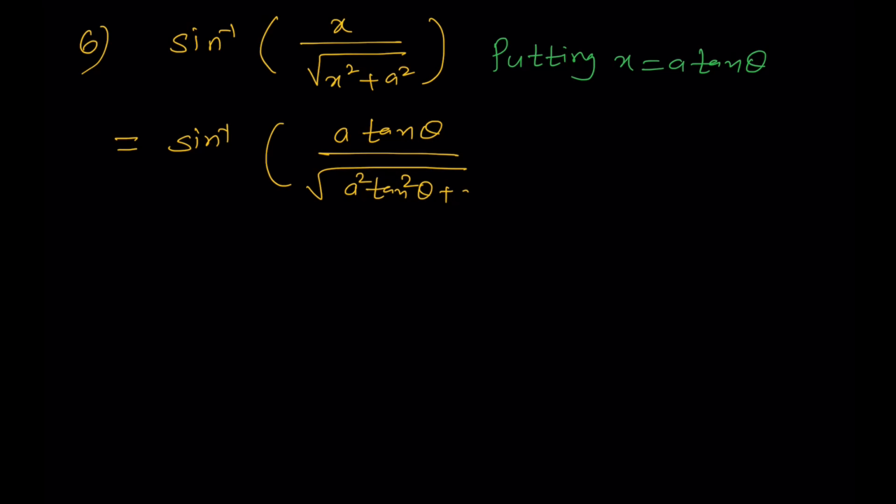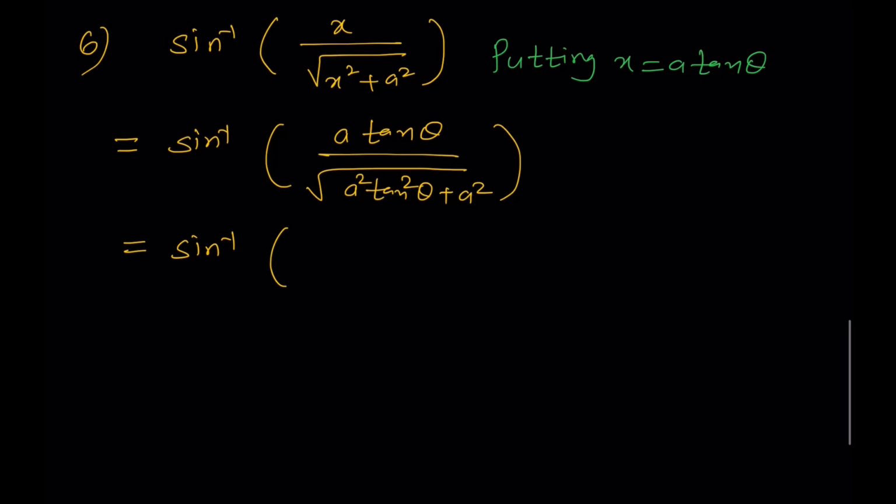So we get a tan theta upon square root of a square tan square theta plus a square. So sin inverse of, if you simplify it further, this is a tan theta upon a square root of 1 plus tan square theta, which is sec square theta.